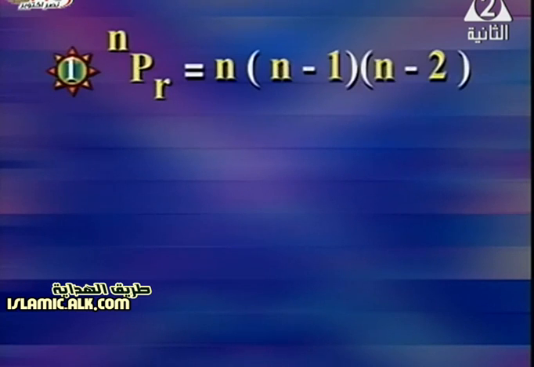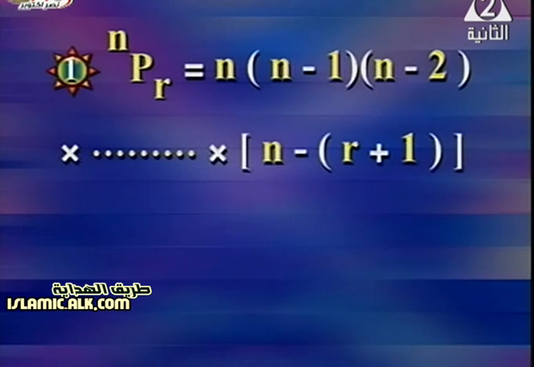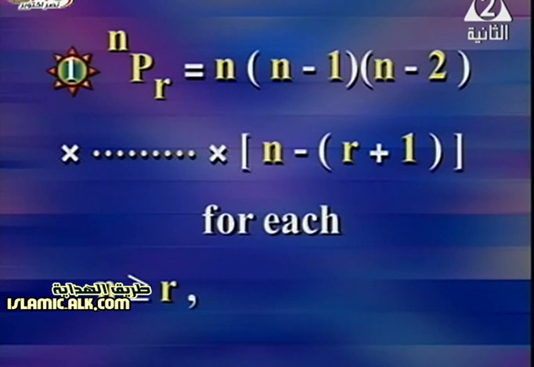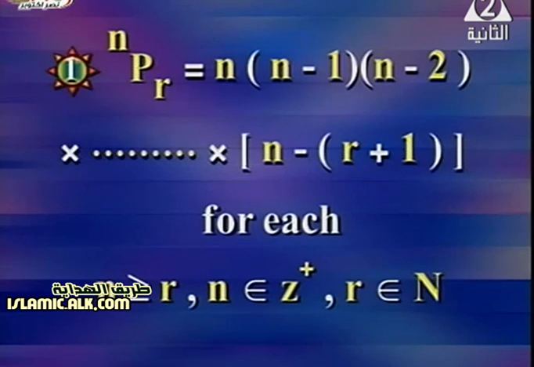Number 1, nPr equals n factorial over n minus r factorial, that is n multiply (n minus 1) multiply (n minus 2) up to (n minus r plus 1), for each n more than or equal to r.